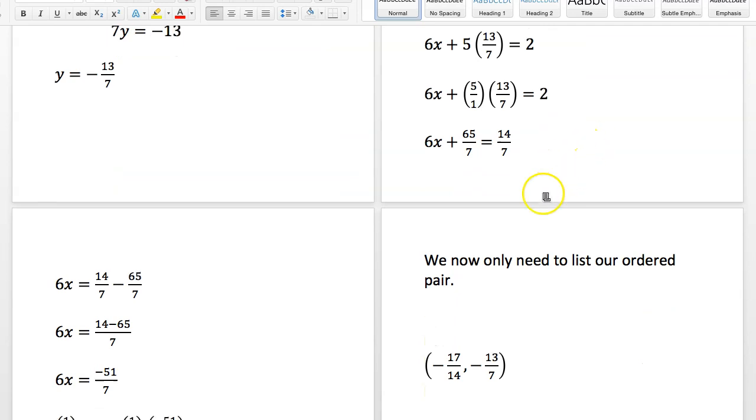Maybe in high school. 6 times negative 17 over 14, that's negative 51 over 7, minus 5y, but that becomes plus 65 over 7. Let me see. Well, 6 times 3, 51 over 7.